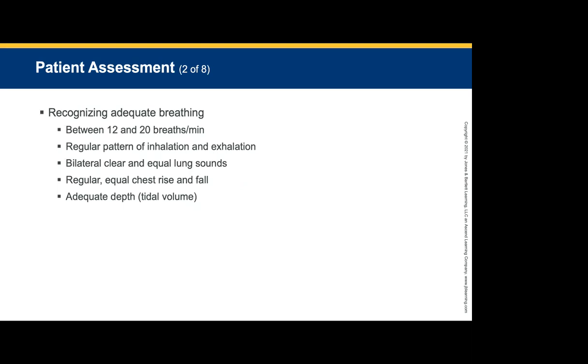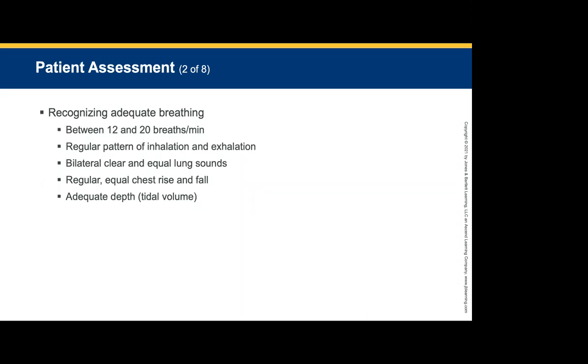You make sure you know what their regular rate and rhythms are. You need to make sure that you auscultate the lung sounds so you can tell if they have, let's say, fluid in the lungs, or you want to make sure that they're clear is what I'm referring to. If you auscultate enough lung sounds, you'll be able to tell which ones are sick lungs versus healthier lungs.